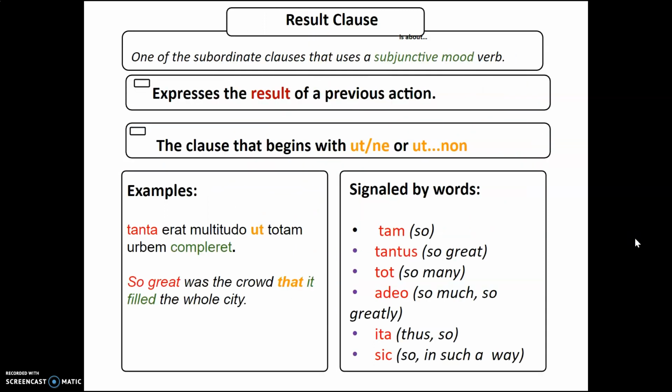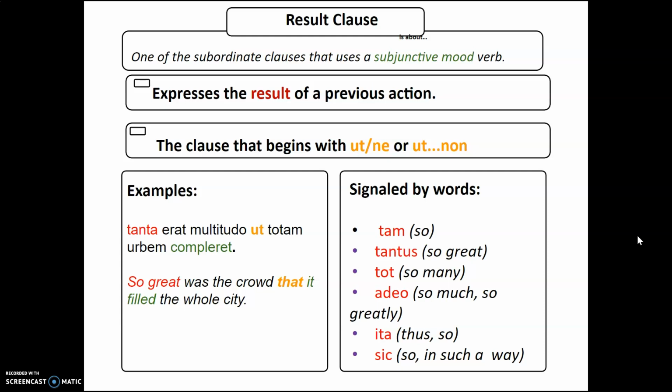All right, so more about result clauses. Like I said before, it expresses the result of a previous action, and after the main action, it begins with ut, sometimes ne, but more usually ut non to express a negative result. Here's an example.